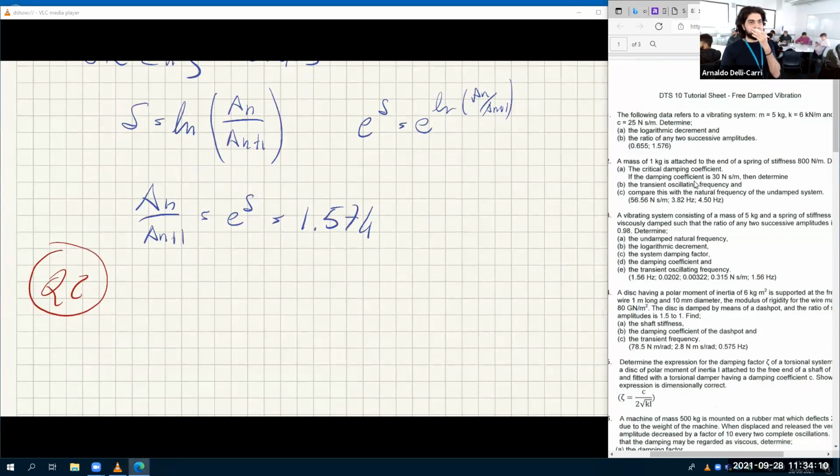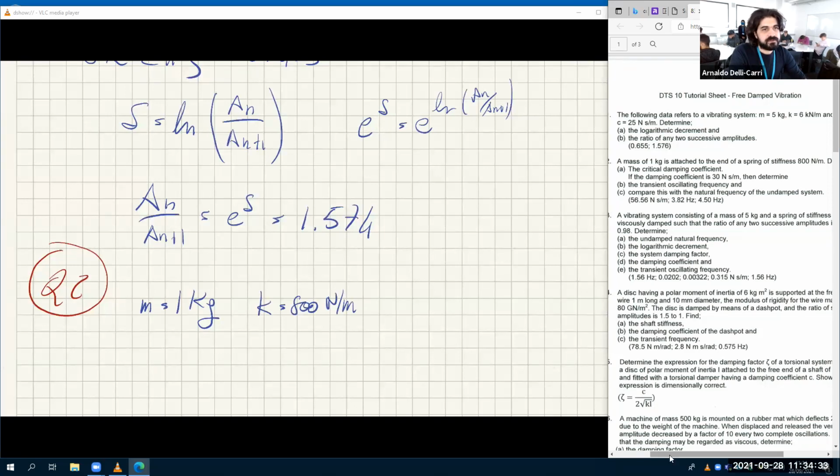Question 2: a mass of 1 kilogram is attached to the end of a spring of stiffness 800 newtons per meter.